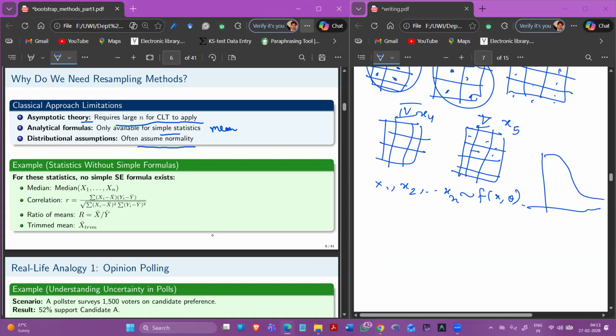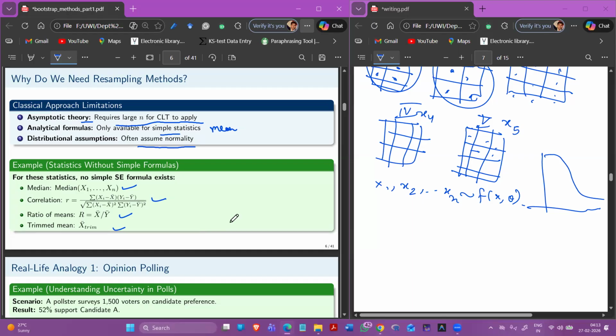So it fails there. Examples are statistics without a simple formula, like median and correlation. Have you seen any theorem for that? What is the estimate of the population correlation till this date? Ratio, trimmed mean: have you seen any theorem for those things? I have not seen one till this date.